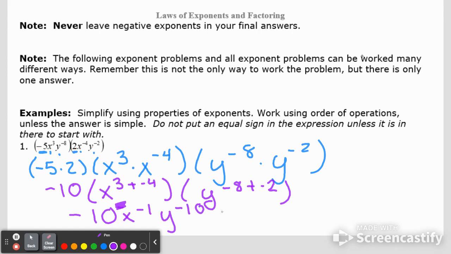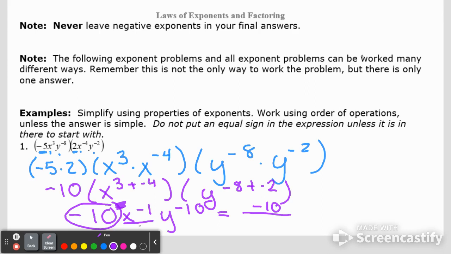All right, remember when we said we don't want to leave negative exponents. So what I'm going to have to do here is move everything around. So with coefficients, these do not fall into those exponent rules, right? So -10 is completely content where he is, upstairs.